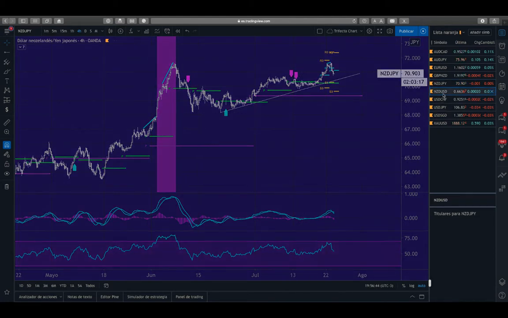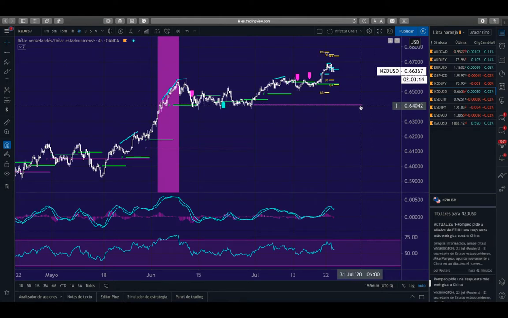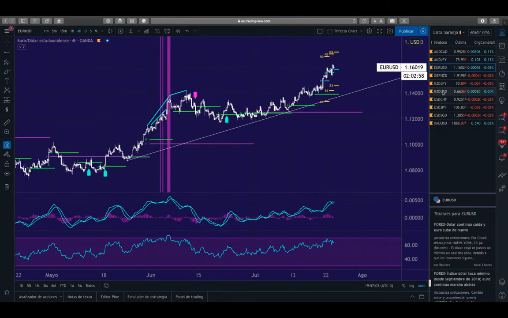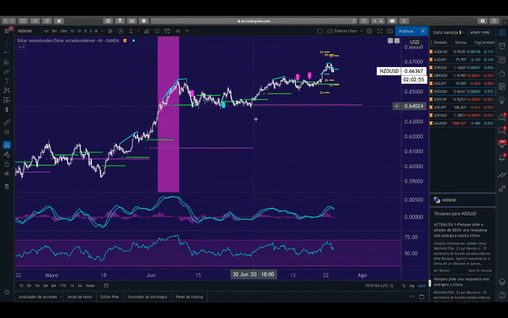Okay. Now, New Zealand against the US dollar, we know that the US dollar is weak, and we can see that reflected in several currencies right now. For example, we just saw the euro getting stronger against the US dollar, and now we can see the New Zealand dollar getting stronger against the US dollar.